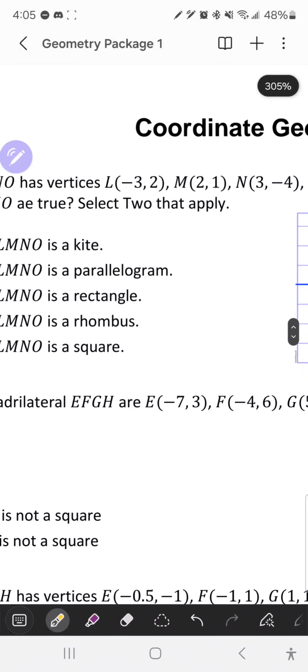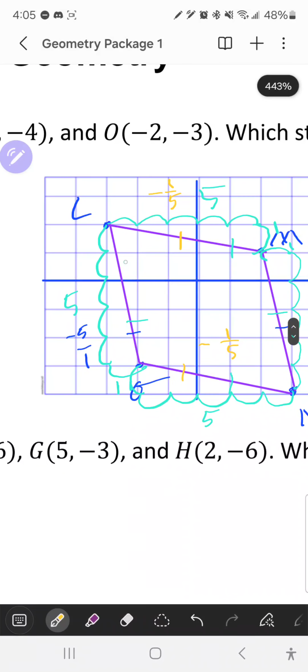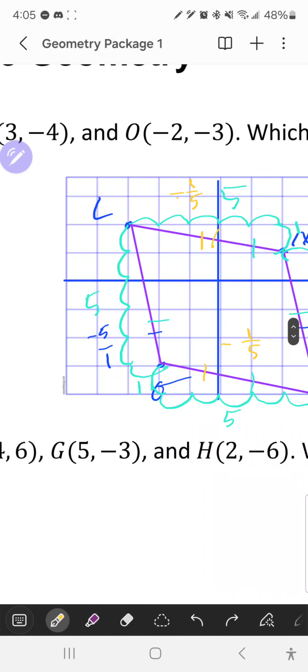Based on this, these two lines are not perpendicular because, as I mentioned before, for lines to be perpendicular they need to be opposite reciprocals. So for this line to be perpendicular to this one, it would need to be 1 over 5 positive instead of negative, or this one would need to be 5 positive instead of negative.